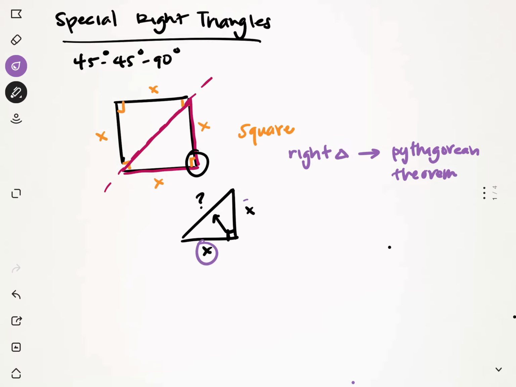The other two sides here are length x. Now remember, our Pythagorean Theorem is a squared plus b squared equals c squared, where a and b are the shorter sides, and c is the hypotenuse.